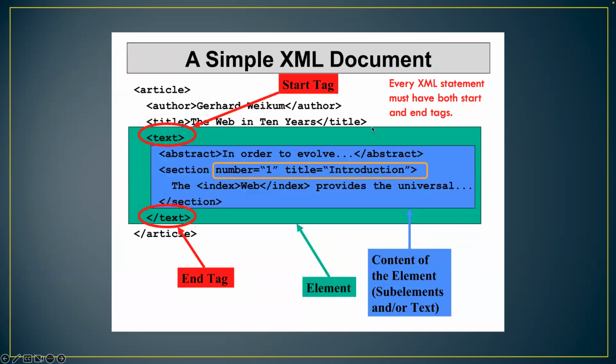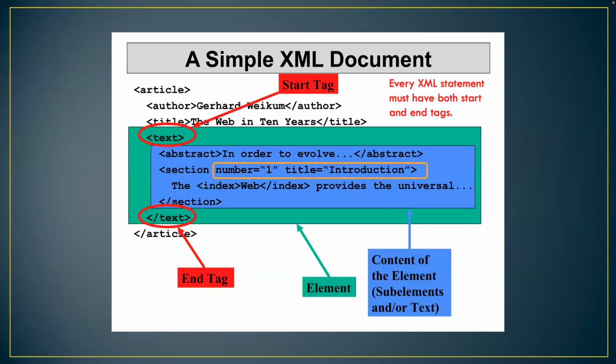So structure-wise, XML must use a start tag and end tag as a pair to express a statement. This is something that XML does very differently from HTML, because if you remember, in HTML we can actually use a single tag to say, okay, here is the information that we want to display in a specific way.